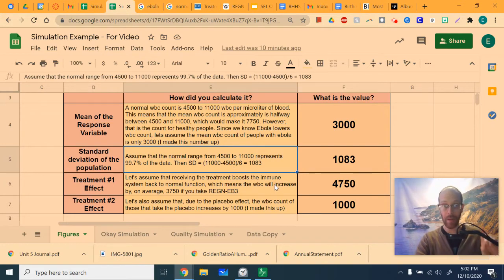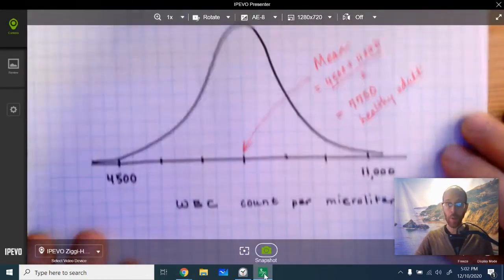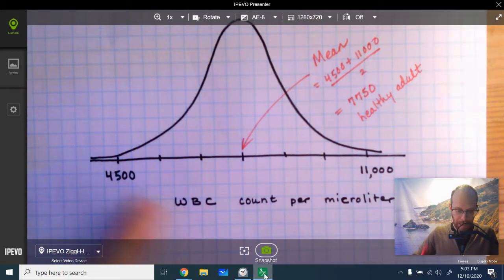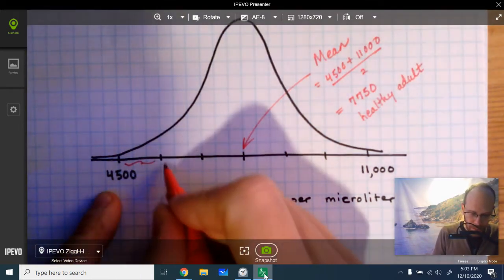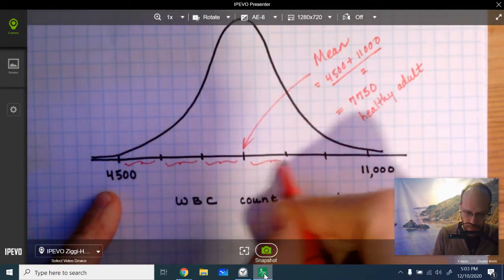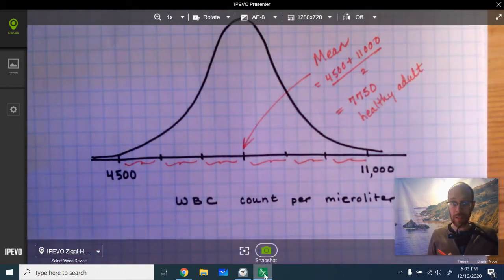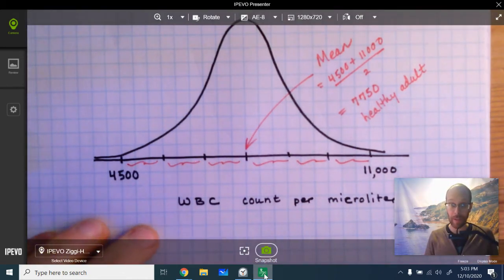Now, if that seems abstract to you, look at the picture again. We know that each one of these six intervals is one standard deviation.